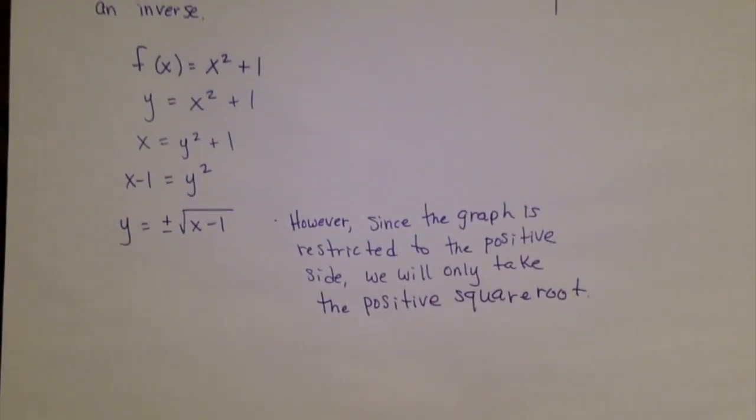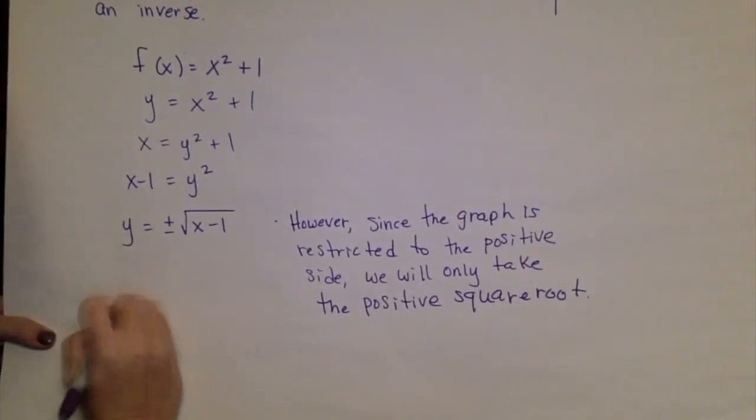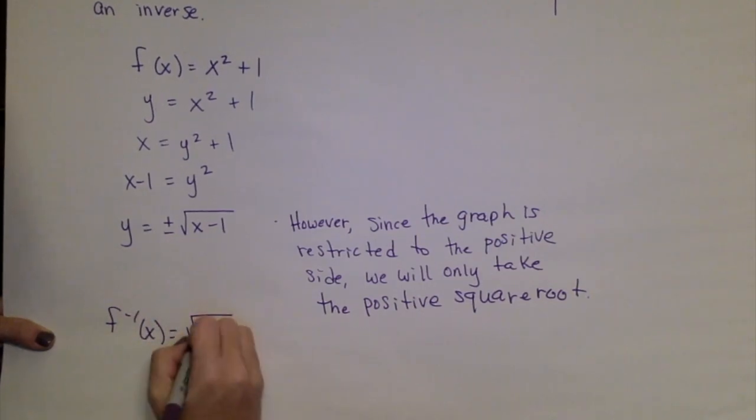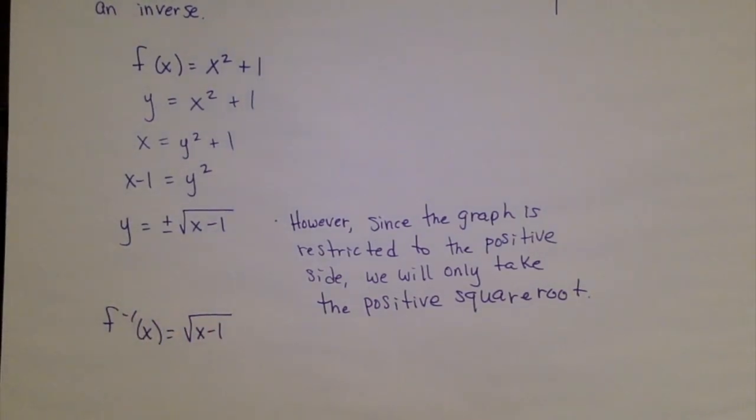Make sure that you're able to see all that, okay? So then we'll say that the inverse of f of x is only the positive square root of x minus 1.